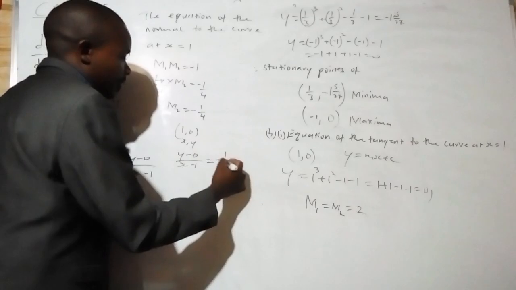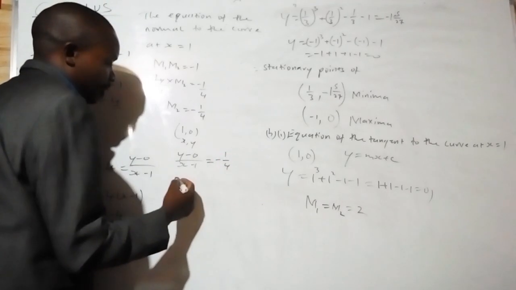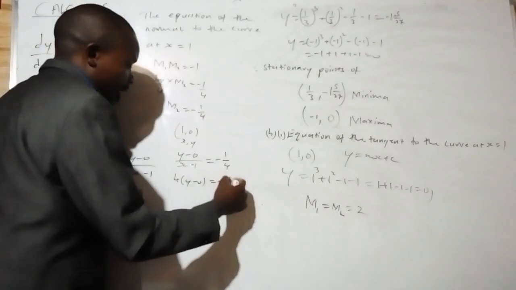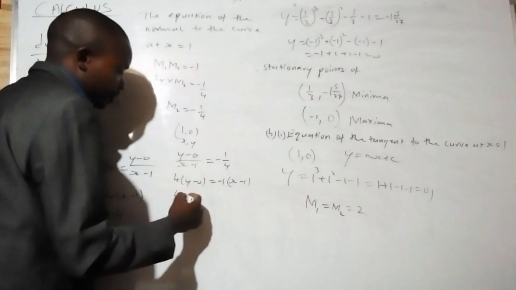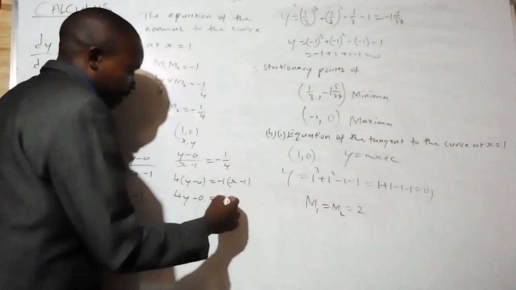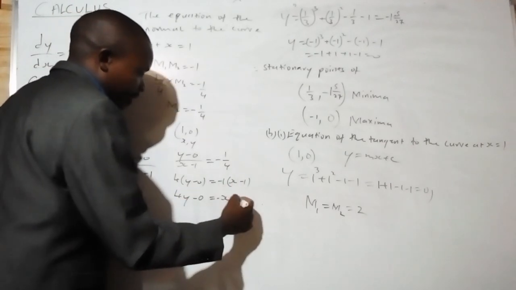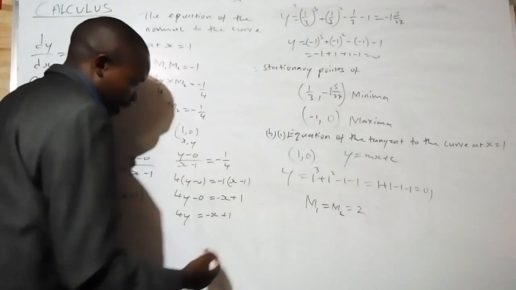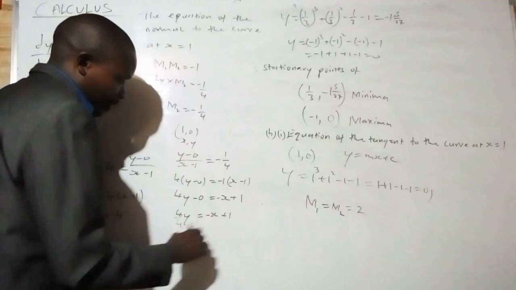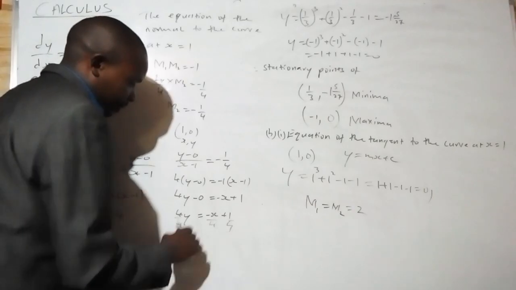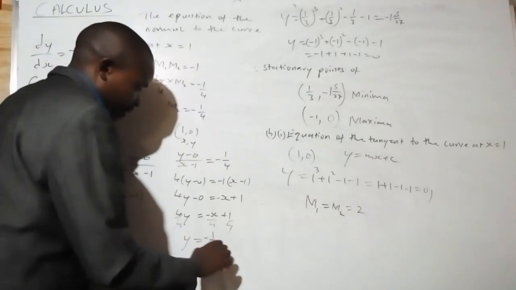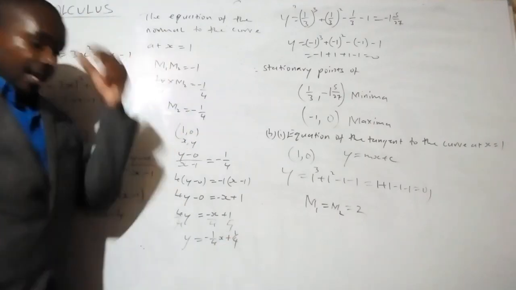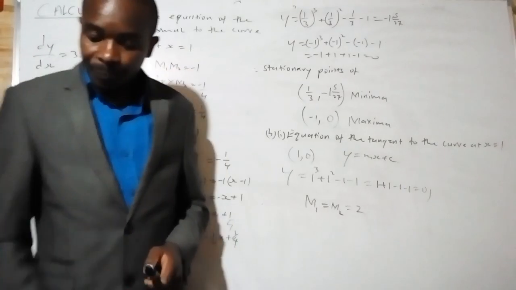You cross multiply to have 4 times y minus 0 is equal to negative 1 times x minus 1. 4y is equal to negative x, negative and negative, positive 1. 4y is equal to negative x plus 1. Divide by 4 to get y is equal to negative 1 over 4 x plus 1 over 4. Yeah, that's how we're supposed to handle that question.